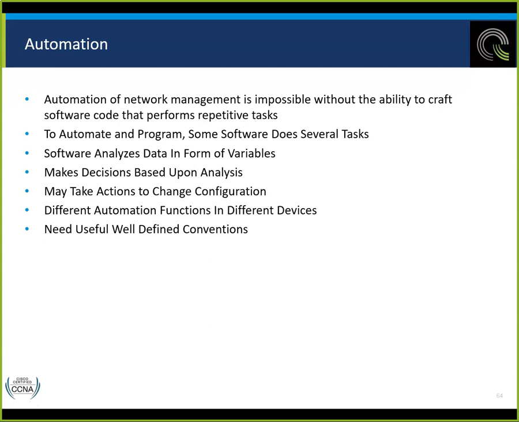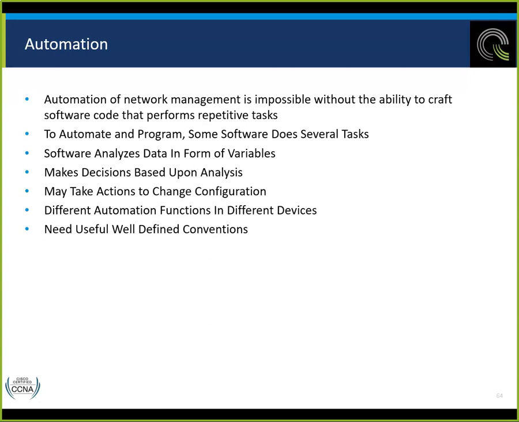It analyzes the data in the form of variables, and we looked at just a few minutes ago how we might get that information to provide values for the variables that we can use in the systems themselves. And then we're going to make decisions based upon analysis.